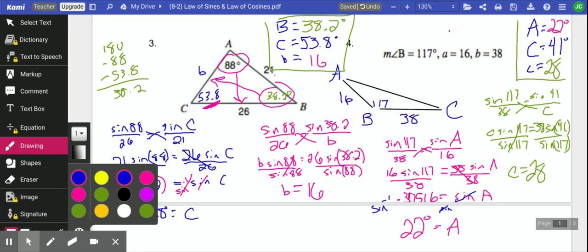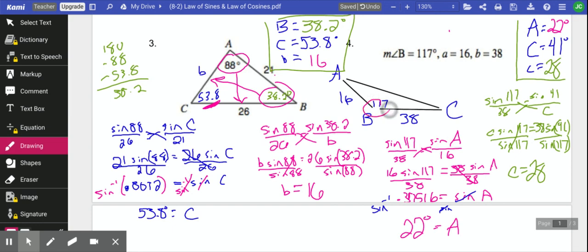If you have a problem that looks like this, notice we don't know those other two angles, and we don't know that side. So I know 117, but I don't know that side. I know the side that goes with angle A, but I don't know angle A. I don't know angle C, but I know its side. So I don't have a pair of these that I know.